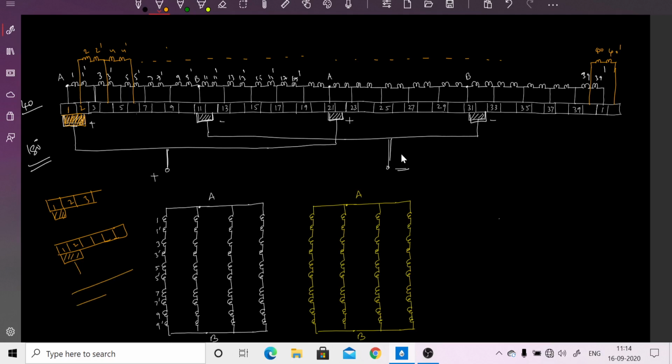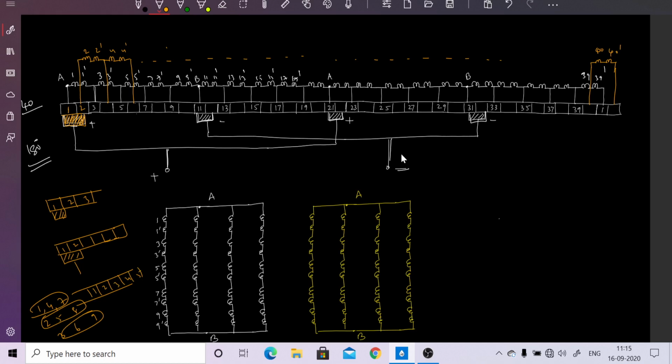In case of triplex, because we have 3 windings, 1, 4, 7, like this, 2, 5, 8, and 3, 6, 9, like this. This is one type of winding, this is another, and this is another. With 3 windings, they will be occupying like this, 1, 2, 3, 4, 5, 6.